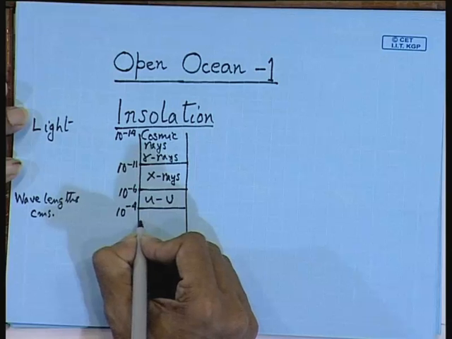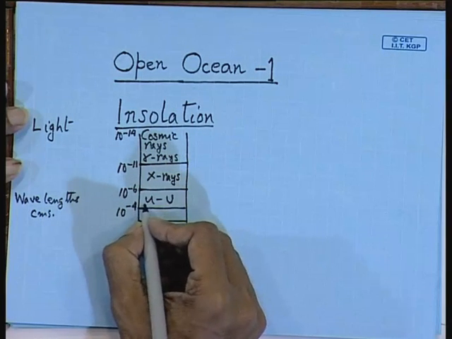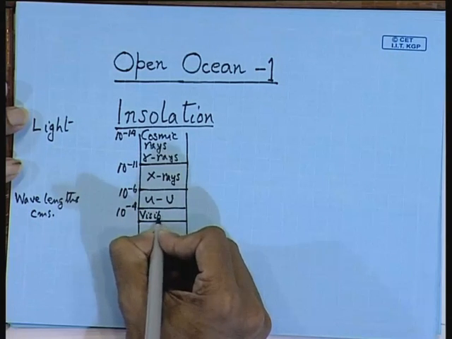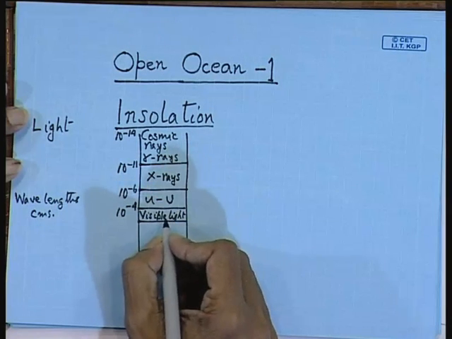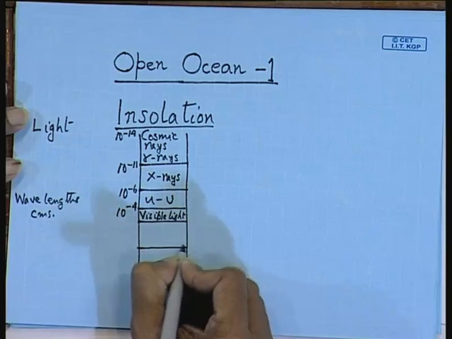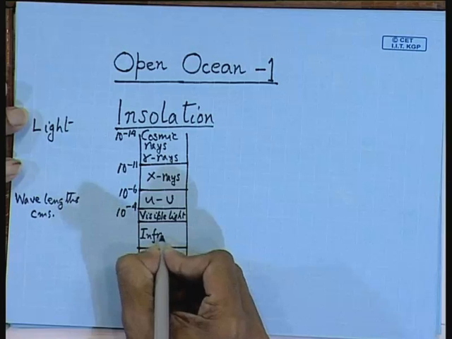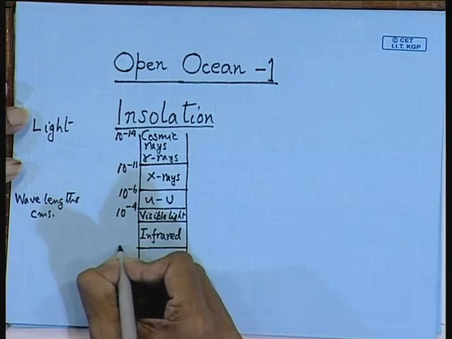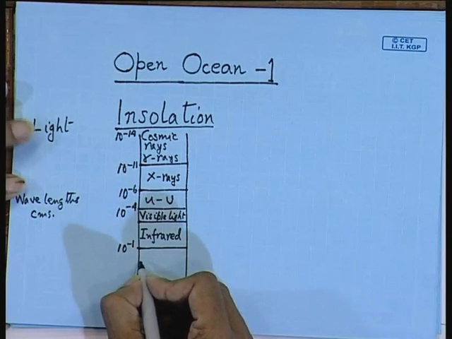Below that you have visible light. Still increasing in wavelength, you have infrared. So, this is up to 10 to the power minus 1 centimeters. Then you have microwaves.